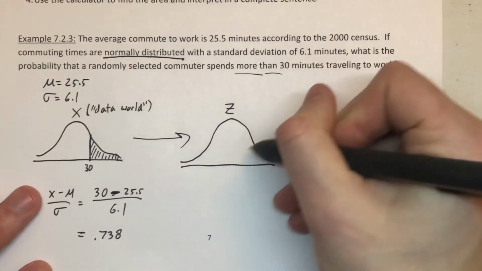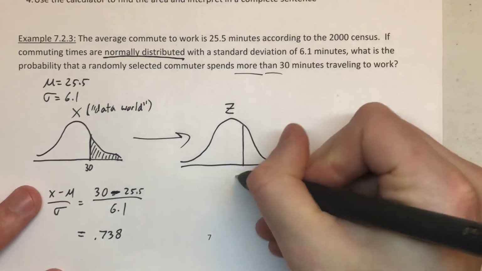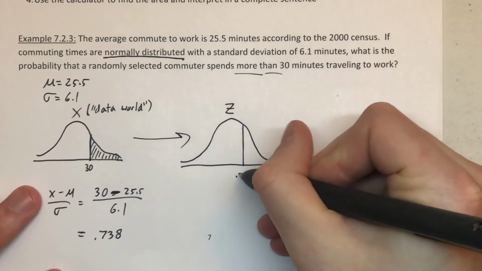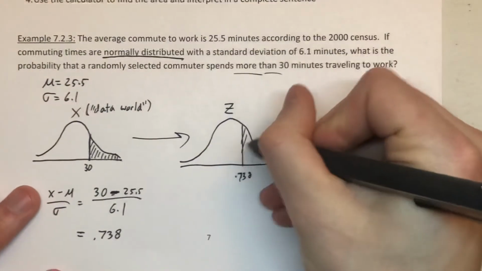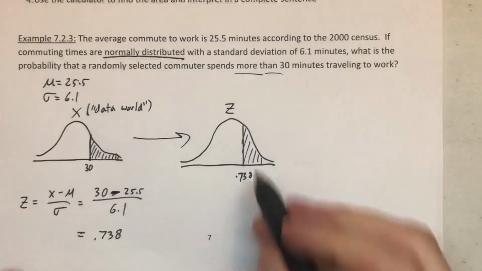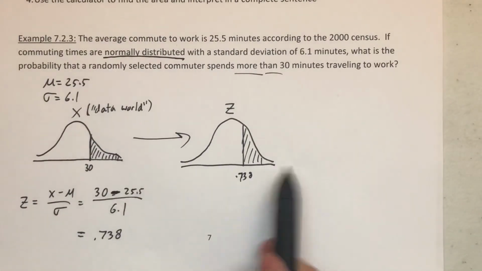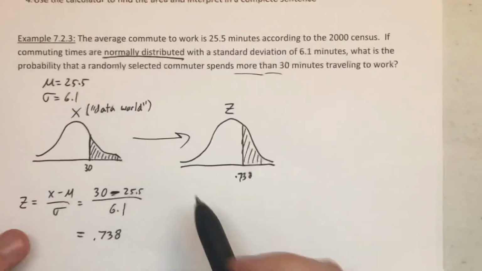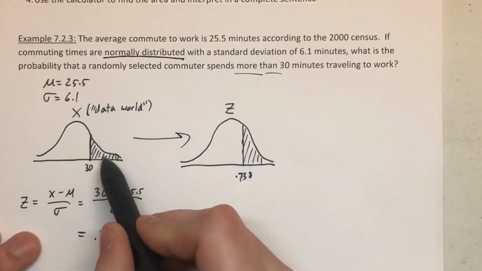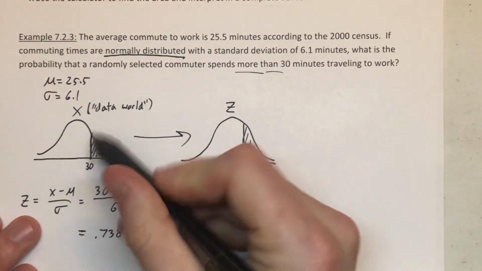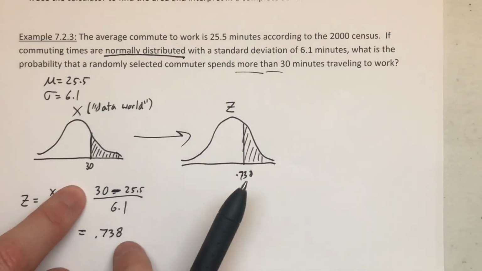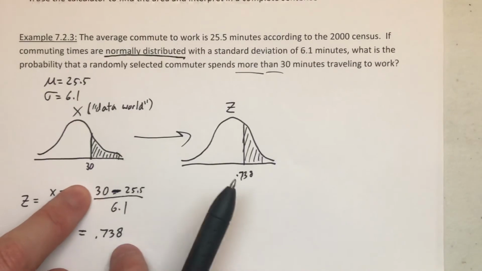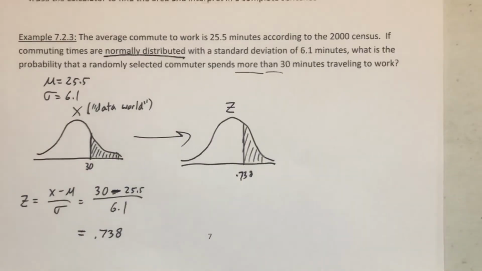If this is 0, 0.738 is to the right of 0, and we want to shade the area to its right. I realize my curves don't look quite the same, but those two pictures should be identical. The shaded regions and the position of that line represent the same thing, a data value of 30 and a z-score of 0.738.